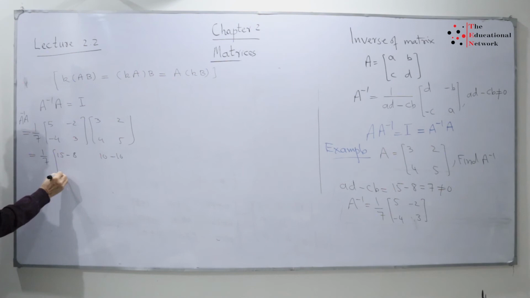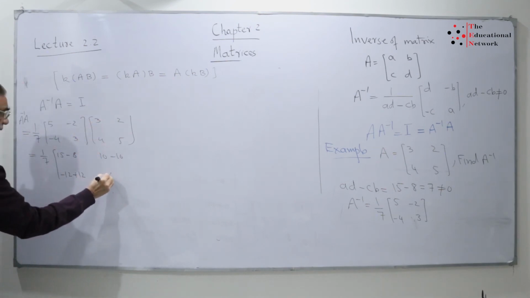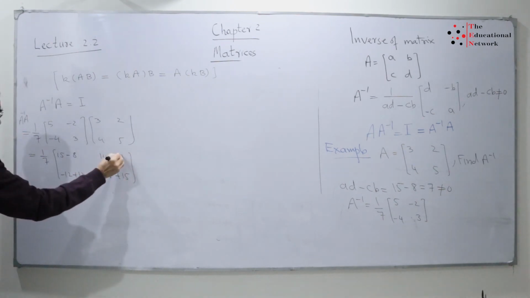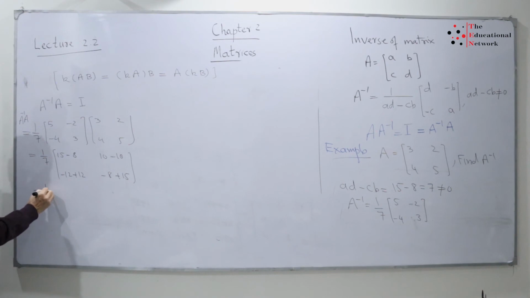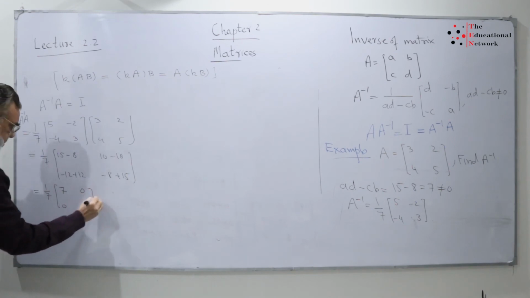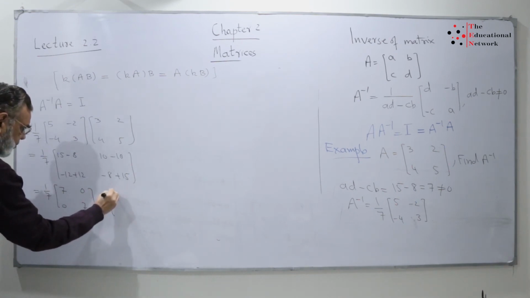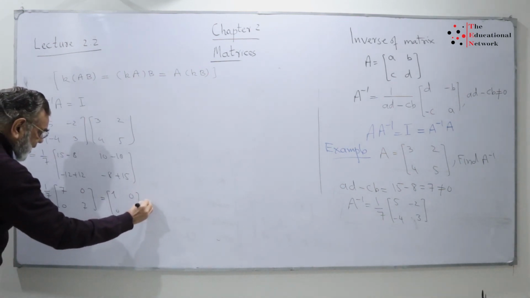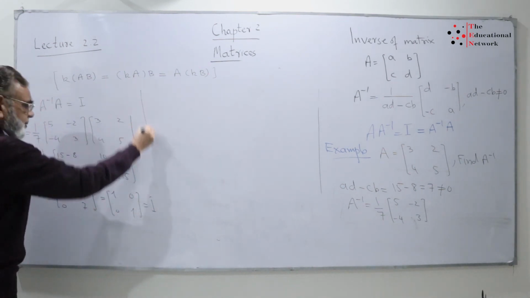Second row with the first column, minus 12 plus 12. Second row with the second column, we get 8 plus 15. When we solve this, we get 1 upon 7 times 7, 0, 0, 7. We multiply 1 upon 7 by each entry and get 1, 0, 0, 1. And that's our I. So this is one part.